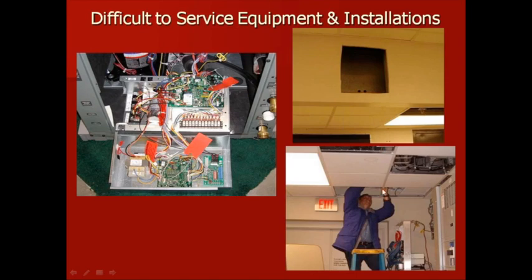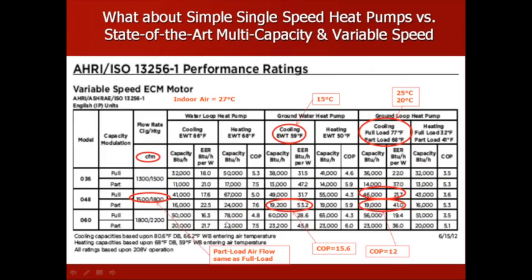Overhead installation of heat pumps, and this one you couldn't even access, so the service tech, in order to replace the fan motor, which is behind this, actually cut a hole in the sheetrock there and put a picture over it when he was finished. So he wasn't too happy about that location.